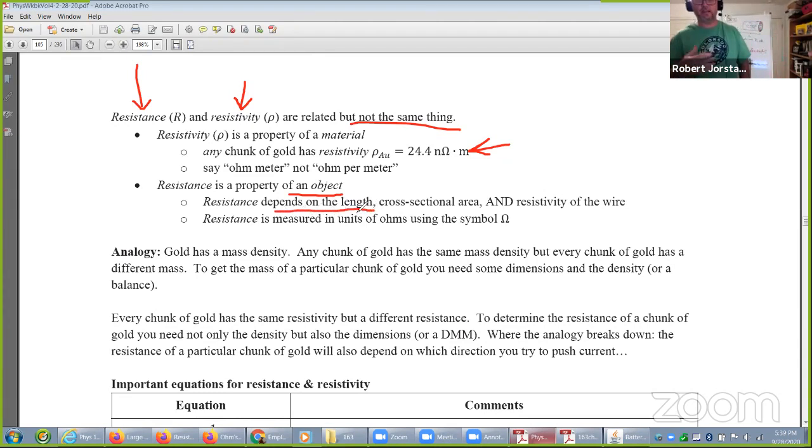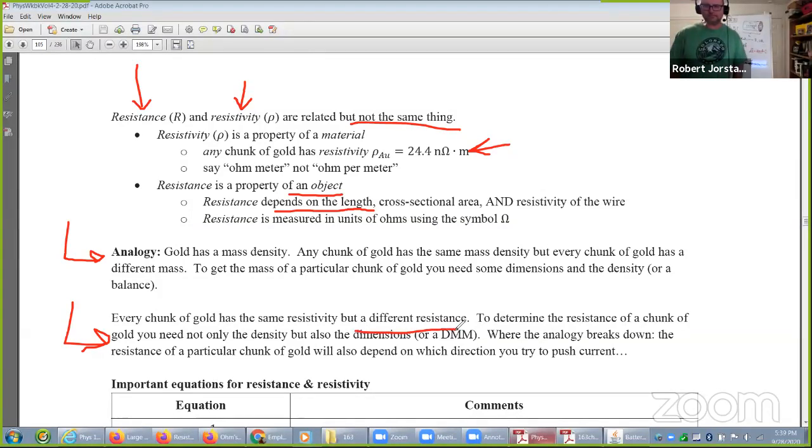Gold has a mass density. Every chunk of gold has the same mass density, but every chunk of gold has a different mass. Similarly, every chunk of gold has the same resistivity, but a different resistance.